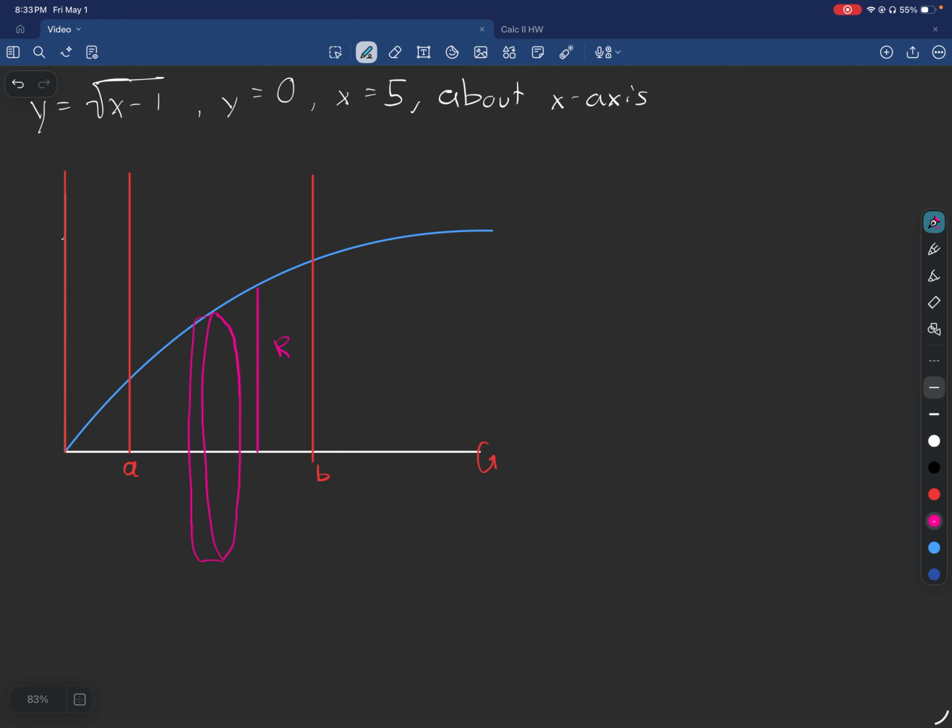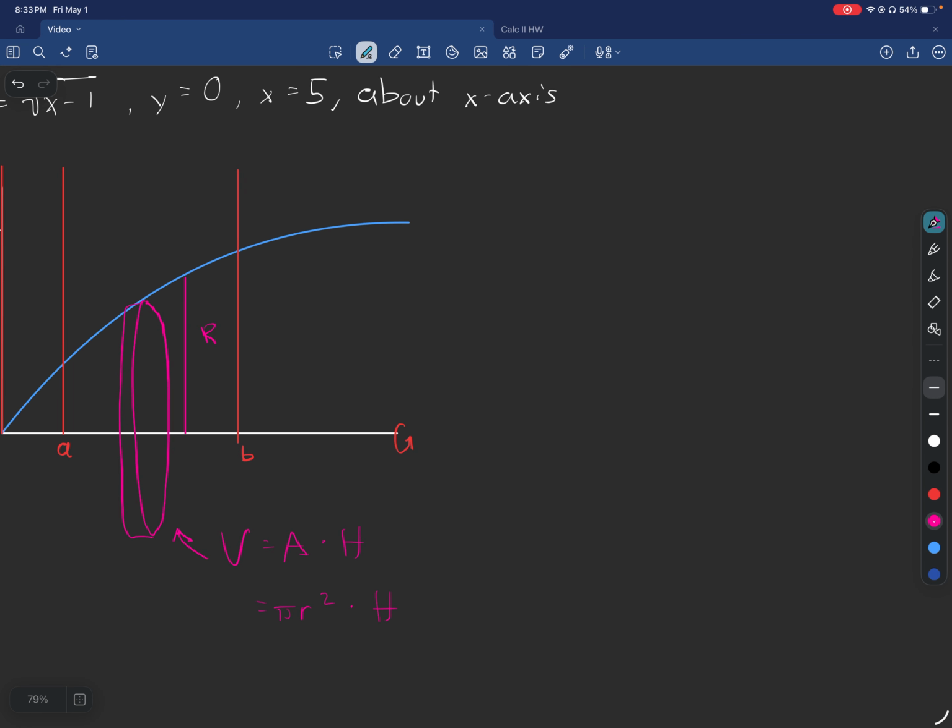And we know the volume of a disk would be equal to the area times the height. And the area for a disk is a circle, as it's a cylinder shape. Would be like that.